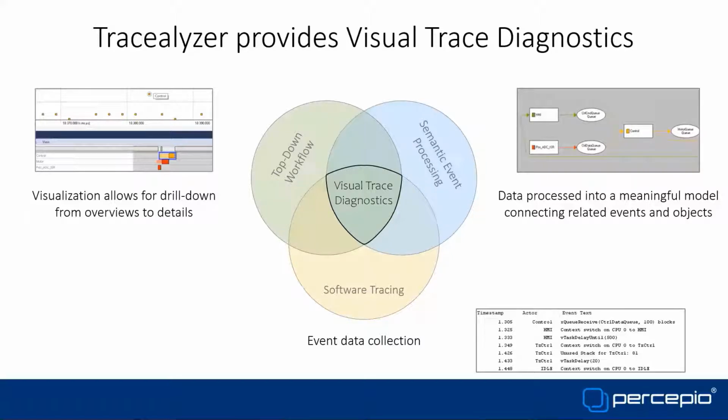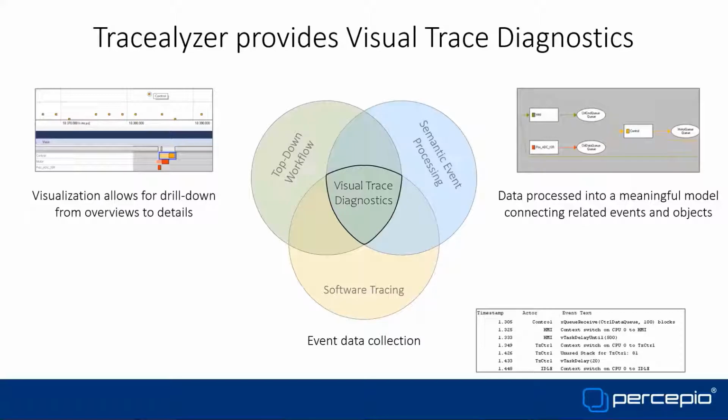The data needs to be processed into a meaningful model describing how each event affects the system state. This requires the solution to understand all RTOS services that are traced, not just by the name, but what they actually do. The data needs to be visualized to allow quick intuitive comprehension and actionable insights, even for large datasets.